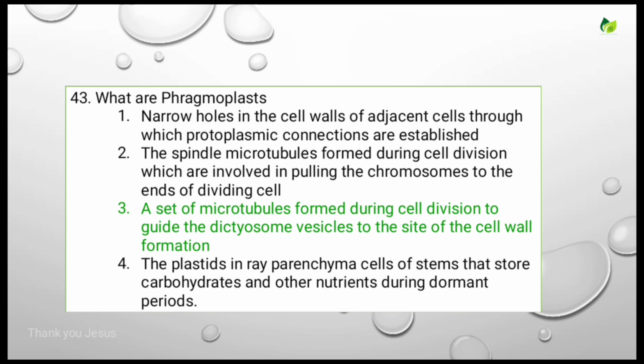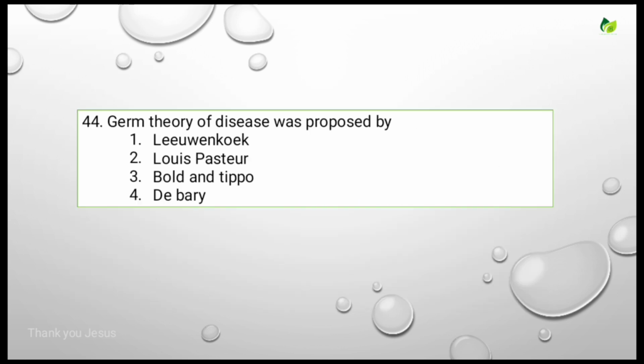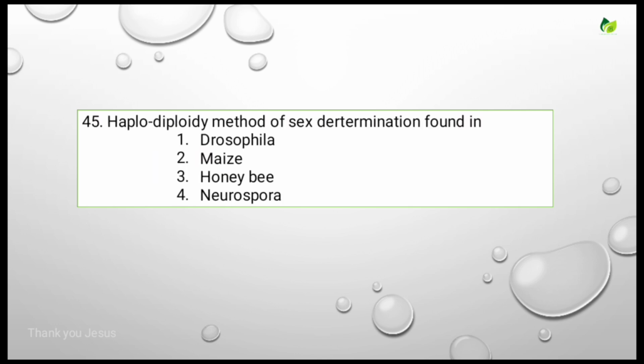Okay, next. Germ theory of disease was proposed by. Options are Leeuwenhoek, Louis Pasteur, Bold and Tippo, De Bary. Correct answer is Louis Pasteur. Let's see the next question. Haplodiploidy method of sex determination is found in. Options are Drosophila, maize, honeybee, Neurospora.